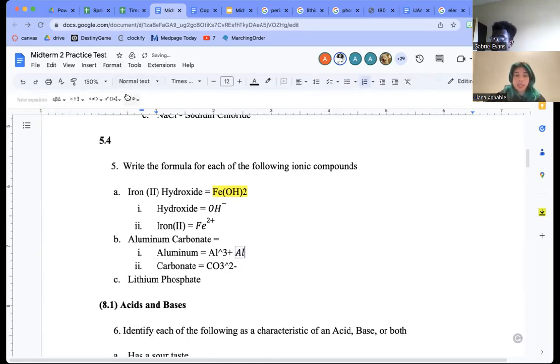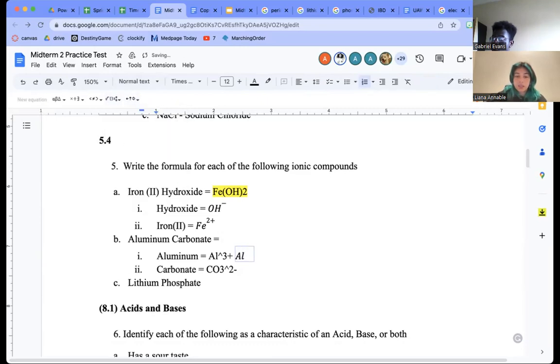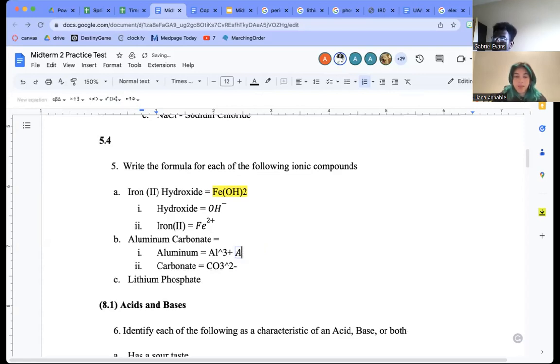I saw someone said 6. Does everyone agree? 6? Yeah, right. It is 6.